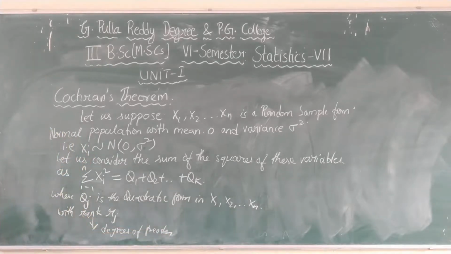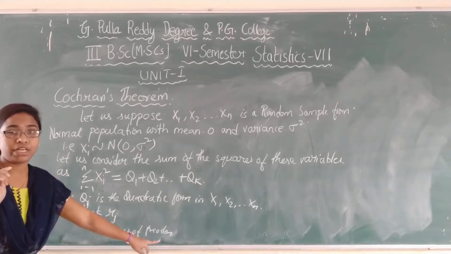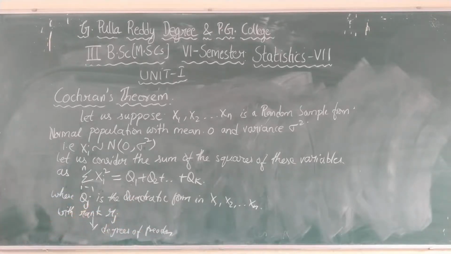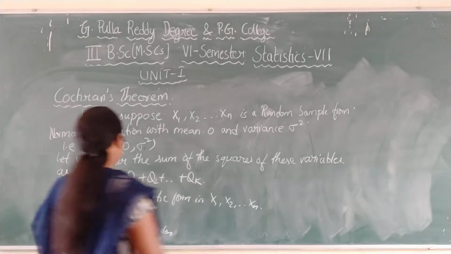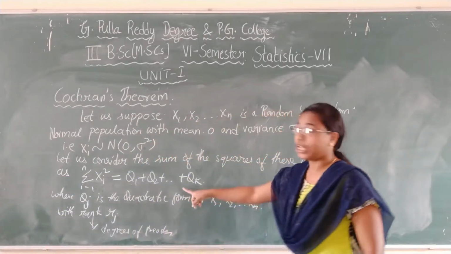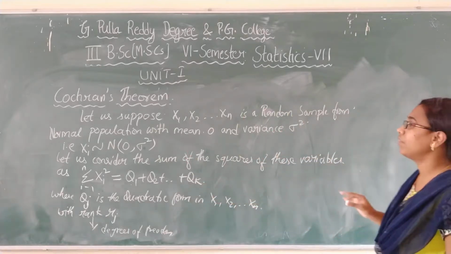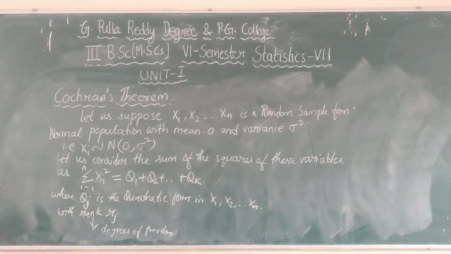The number of variables which are independently distributed are called degrees of freedom. Freedom means independent. So each quadratic form will have a definite degrees of freedom. That is, for Qj, the degrees of freedom will be Rj.